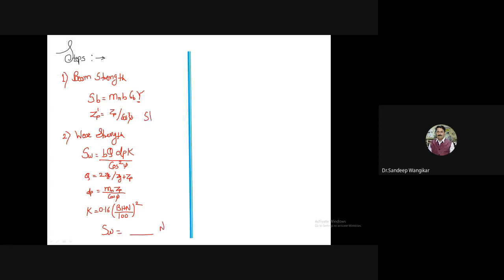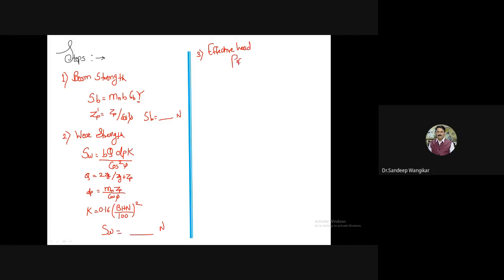Here you will get SB is equal to answer in Newton. So SW, SB, I will compare which value is lesser, SB or SW, and based on the lesser, I will go for the further step. So step number 3 will be calculation of PT. But for this, I have to calculate the effective load. By using this effective load, I will calculate PT.